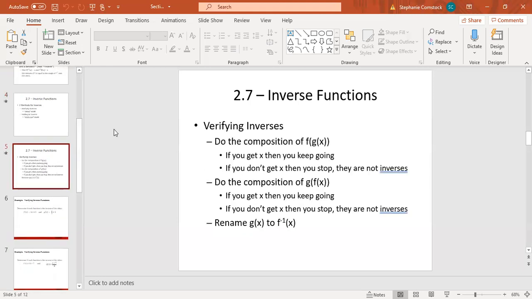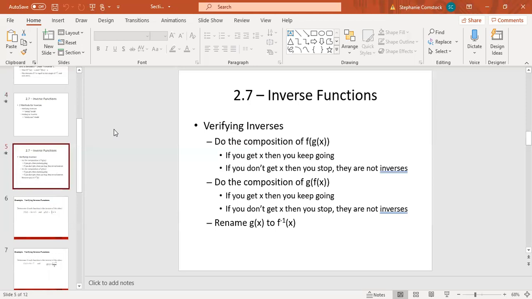So basically what's going to happen here is this is like going on dates. So first date is you're going to do f of g of x. Now, when you do that, if you get x, great first date. They're going to go out again. If you get anything else, they're done. We don't sympathy date. We're cutthroat in the math world with this.